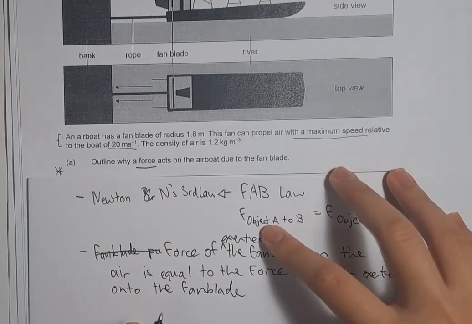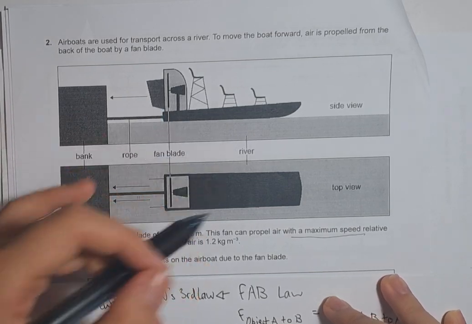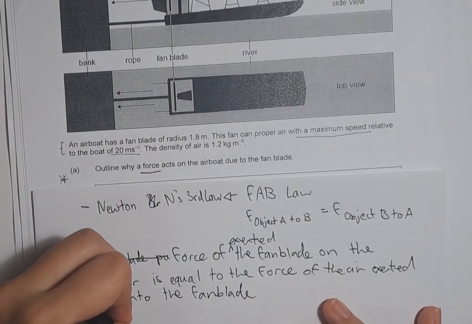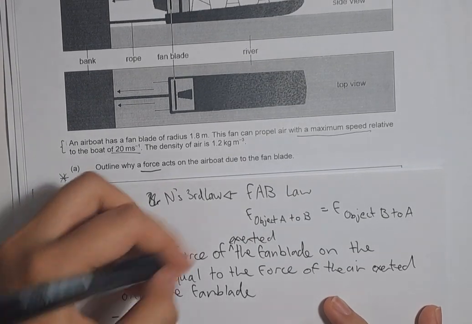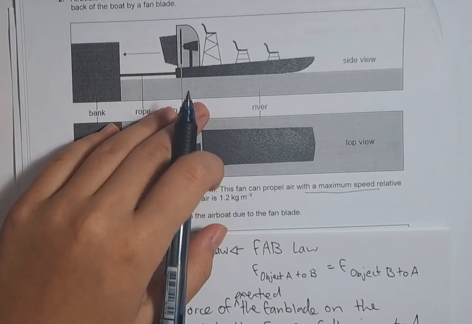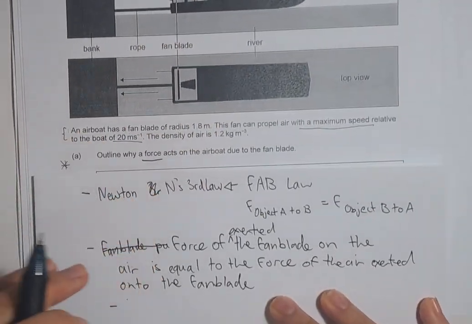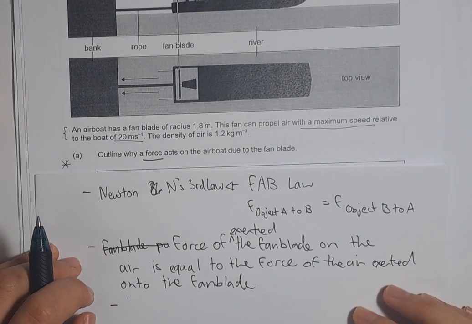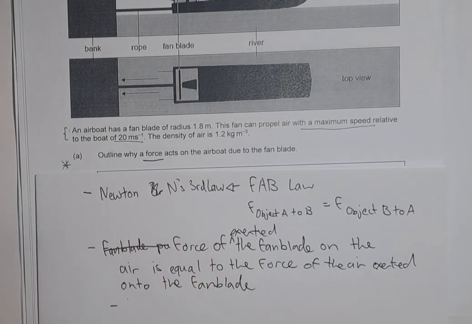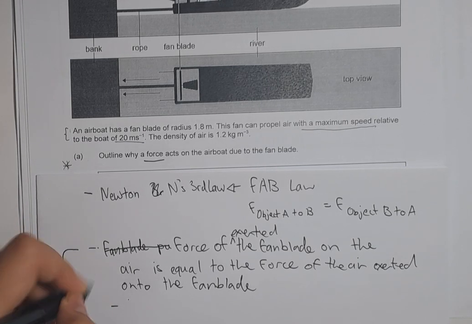And as you can see in the diagram, because the fan blade is on the airboat, that causes the boat to move, basically. But because it only asks why a force acts on the airboat due to the fan blade, it's because of the fan blade pushing on the air.